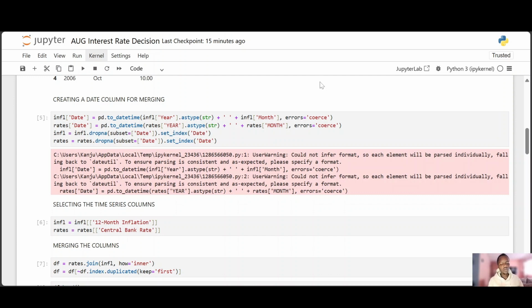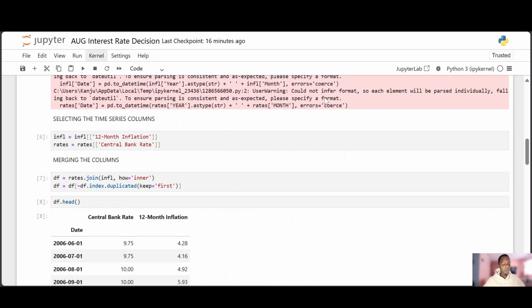So we're going to have the year as 25, the day as 01, the month as June, and so forth. Then for the rates dataset, we'll also create a date column where we'll have the year, the day, and the month, whereby the day is 01, the month is as in the month column, and the year as in the year column, okay? And then you're going to set it as an index.